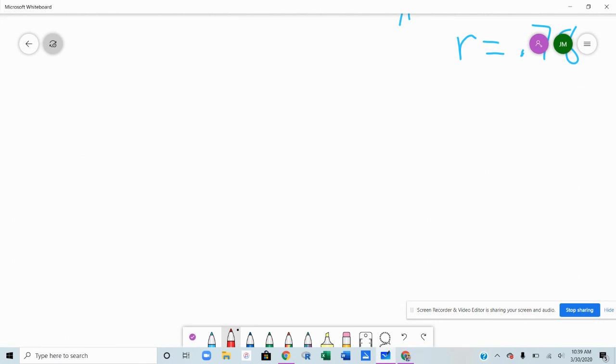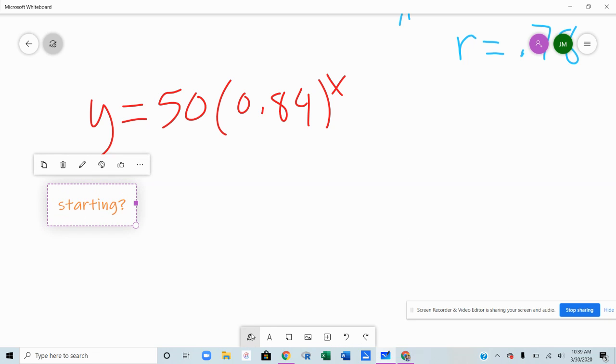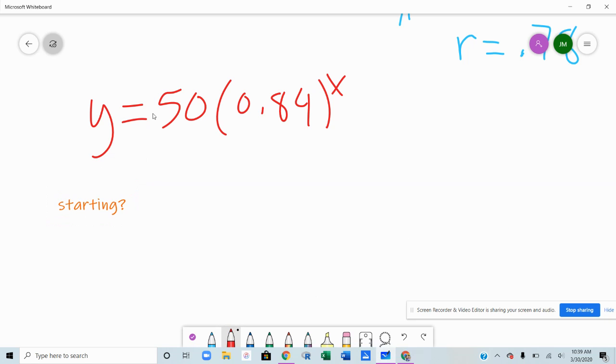Let's look at a different equation. Let's say I have y equals 50, and then in parentheses I have 0.84 to the power of x. Let's answer those same questions. The starting amount. Remember that your starting amount is your number in front of the parentheses, which is 50 for us.